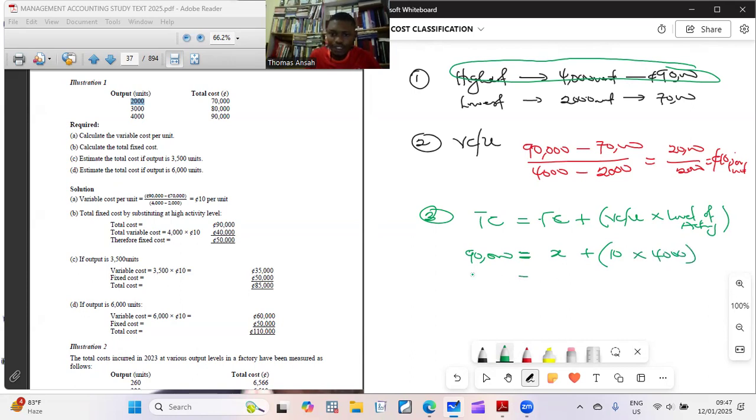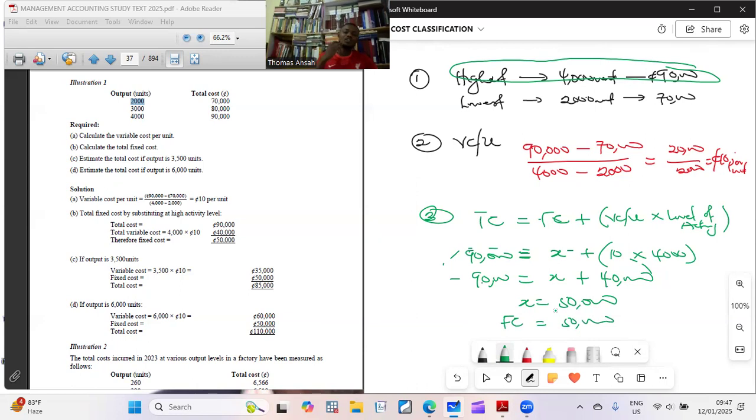So it means I have 90,000 equals X plus 40,000. Is that not it? So X definitely, if I change to this place, minus 40, it will be 50,000. So it will be 90,000 minus 40,000. So X is 50,000. That means that my fixed cost is 50,000.